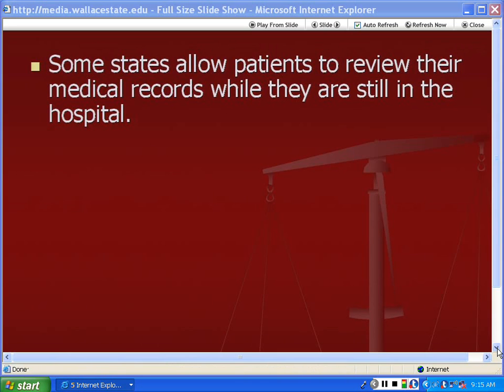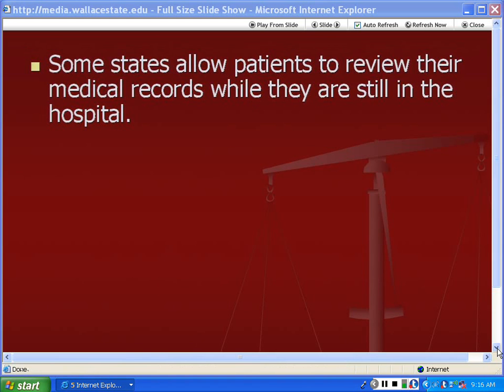Now, some states allow patients to review their medical records while they're in the hospital. HIPAA doesn't say that, but remember there are state laws. And if HIPAA doesn't say anything, but there's a state law on the books that's more strict, you go by the state law. But if HIPAA specifically said patients cannot view their record until they're discharged from the hospital, then we would go by what HIPAA said.